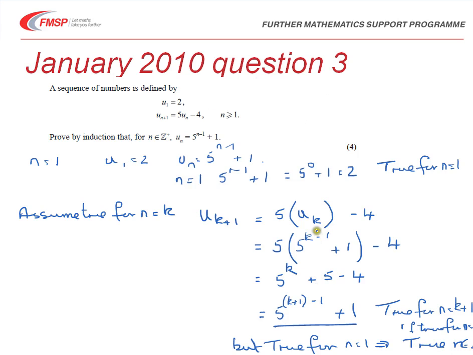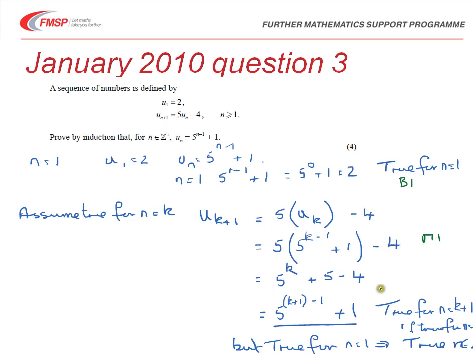Okay, so there we are, looking again at where the marks are allocated, this time only 4 marks. There is a B mark just for the base case here, so 1 B mark here. A method mark for using the truth of n equal to k to then substitute that into the formula for k+1.